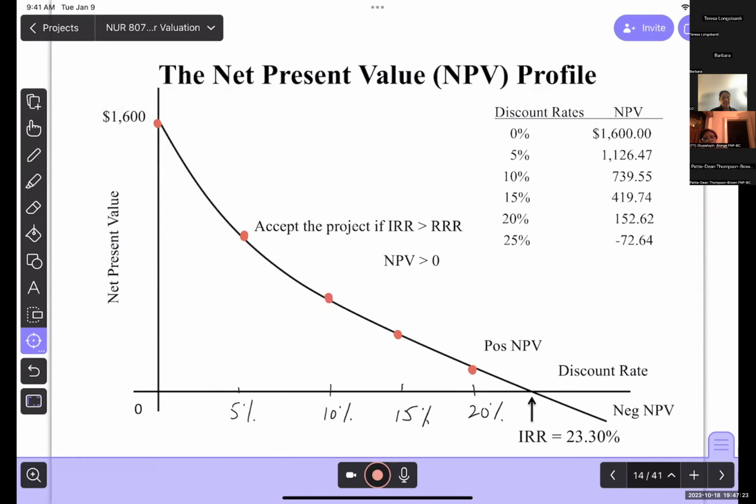So what does this graph say? The NPV rule always gives you the right answer. What's the NPV rule? Invest if NPV is positive. So where is NPV positive on this graph? For what discount rates is NPV positive?